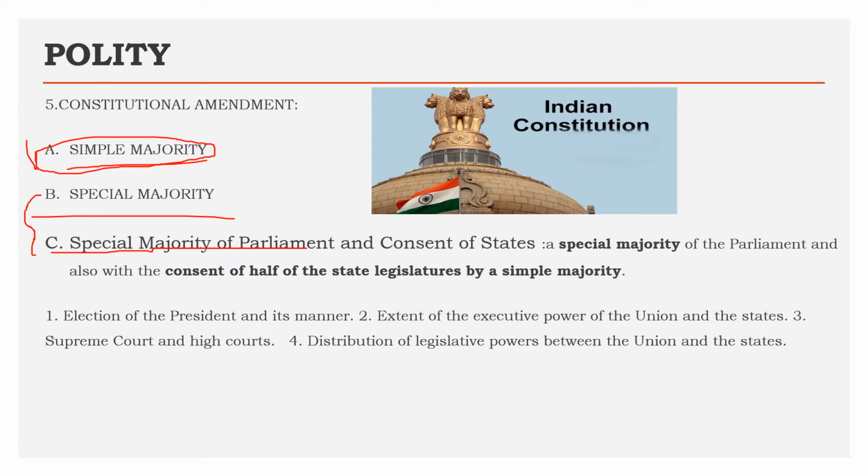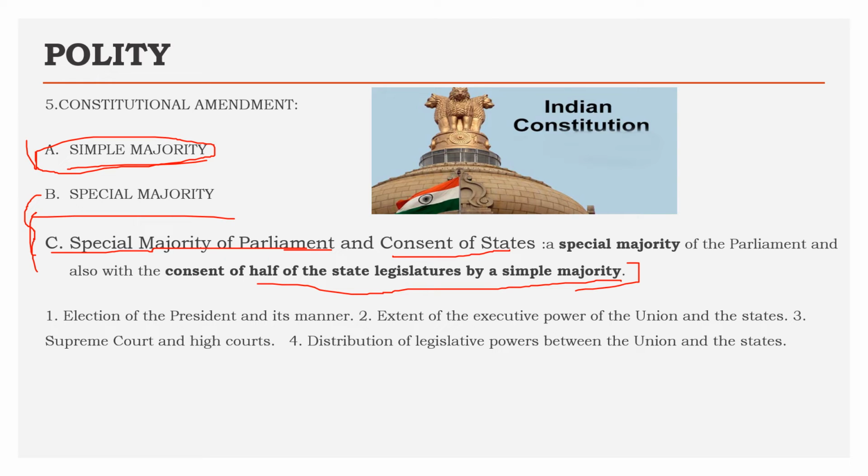And now the third criteria is special majority of the parliament, that is the criteria which we have actually discussed, and also the consent of the states is needed. Here the consent of half of the state legislatures, if they give their consent by simple majority, that is fine. This third criteria is used usually when we change any kind of federal provisions in the constitution.